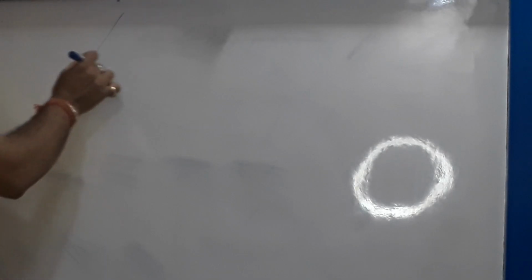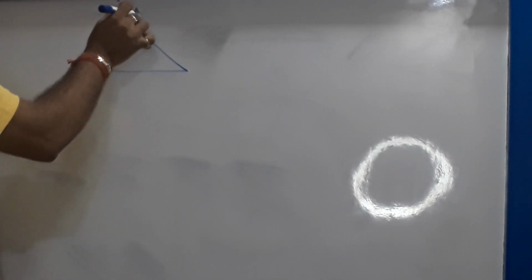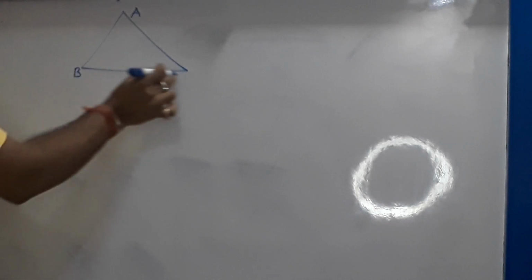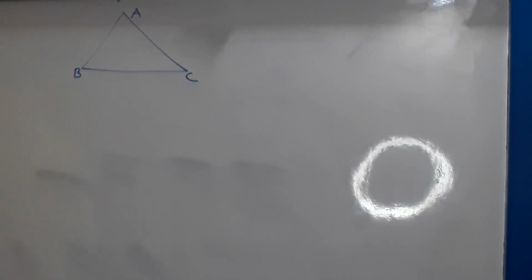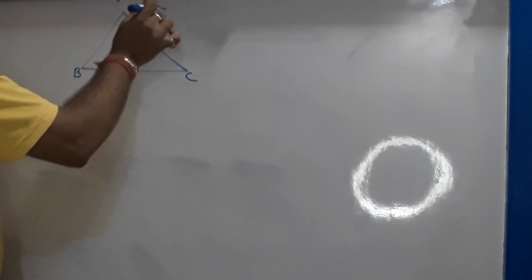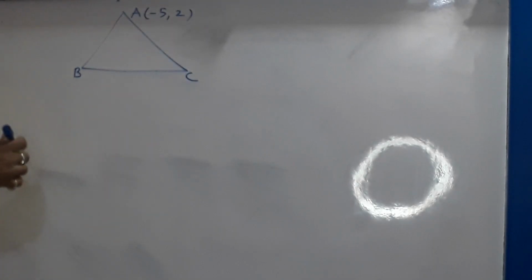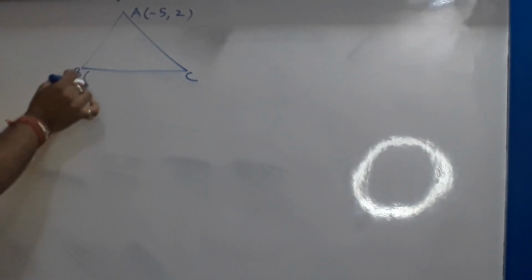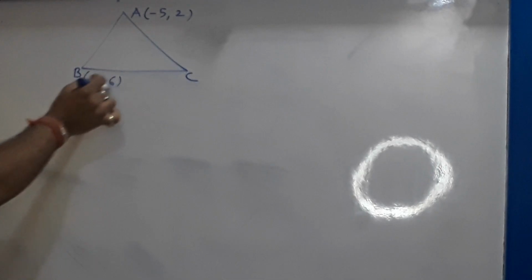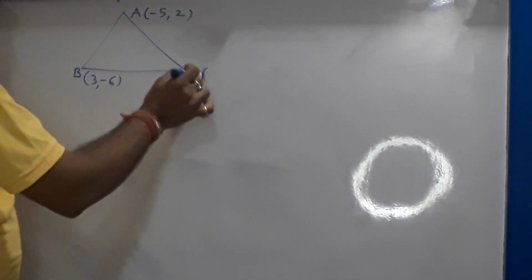ABC is a triangle. Coordinates of A are minus 5 comma 2. Coordinates of B are 3 comma minus 6, and coordinates of C are 7, 4, correct.